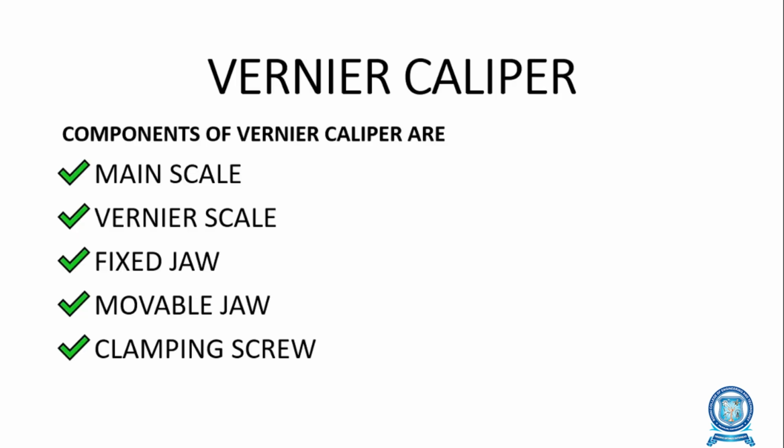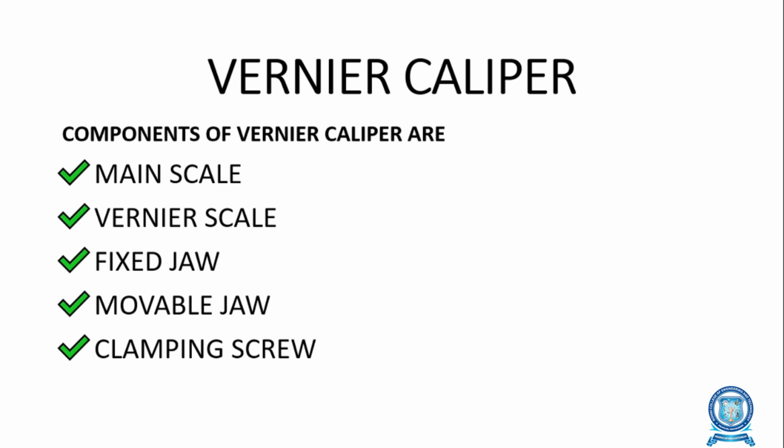Okay, first one is the vernier caliper. In this vernier caliper, there are main components. One is the main scale, and this is the main scale, and then the vernier scale, fixed jaw, movable jaw, and clamping screw.